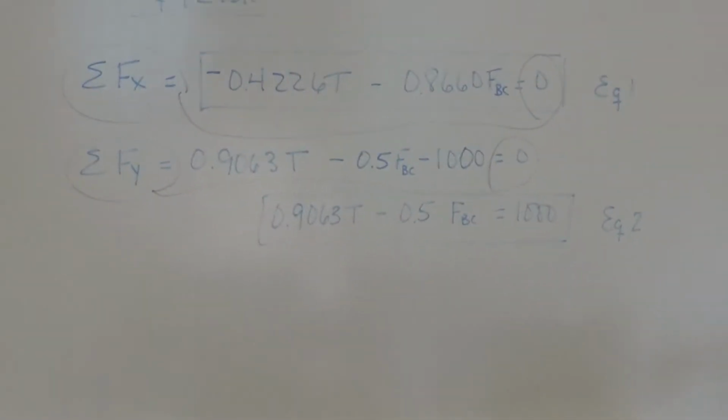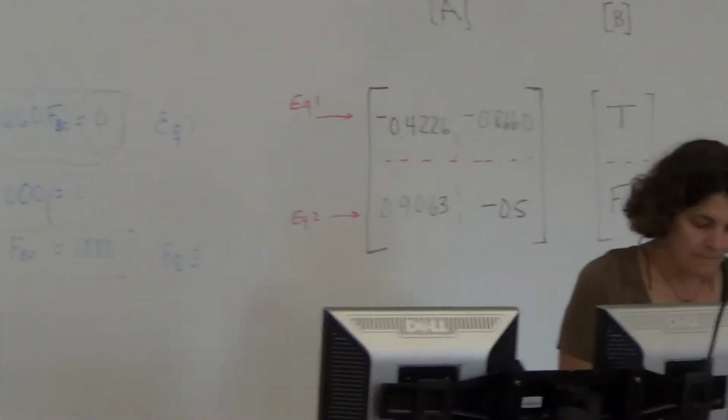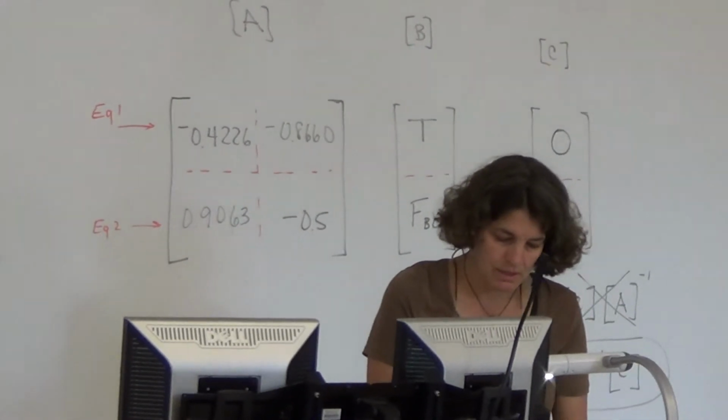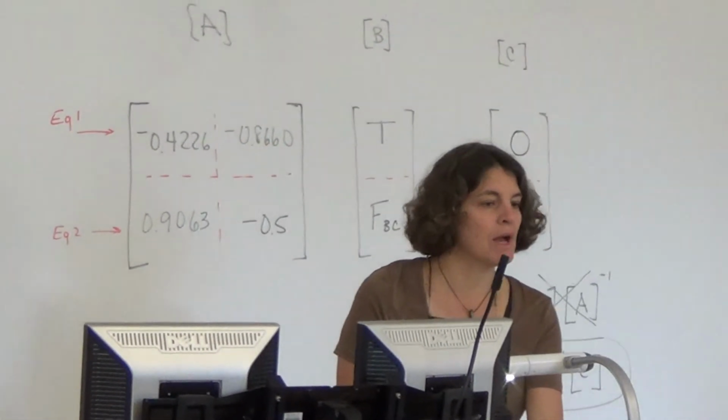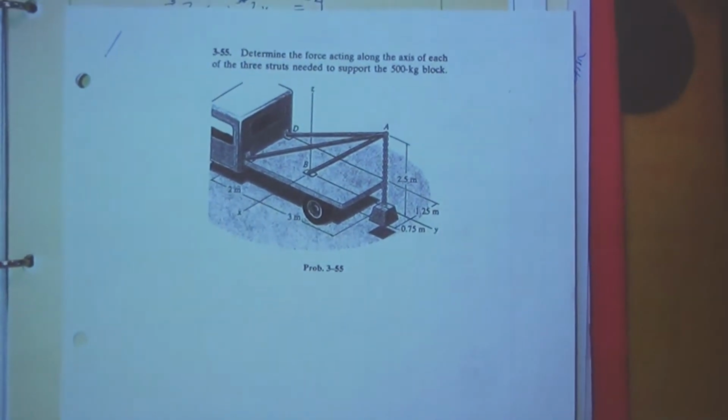Okay? And now I'm going to have you set this up for the 3D problem we did. In this problem with the truck, it was on a stapled sheet. So pull that problem out.